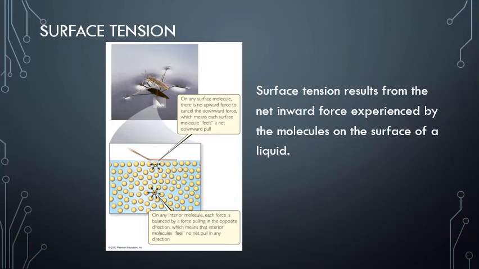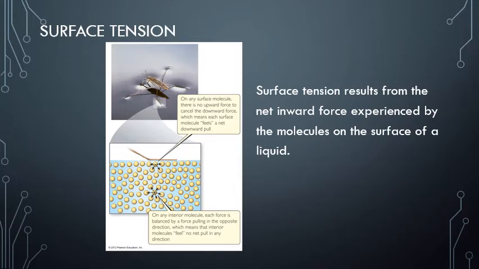So I don't have anything pulling in the upward direction. So there's a net force that's pulling to the side and down when I look at the top molecule. If I look at the molecule underneath the surface, now I have equal and opposite forces taking place in each direction.